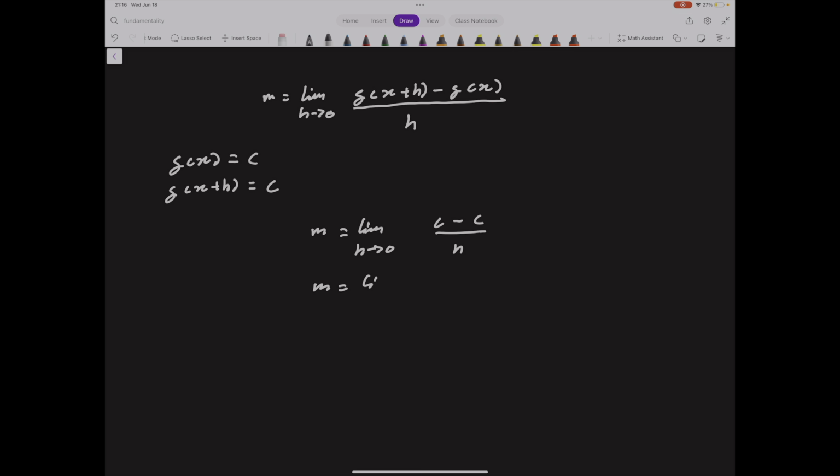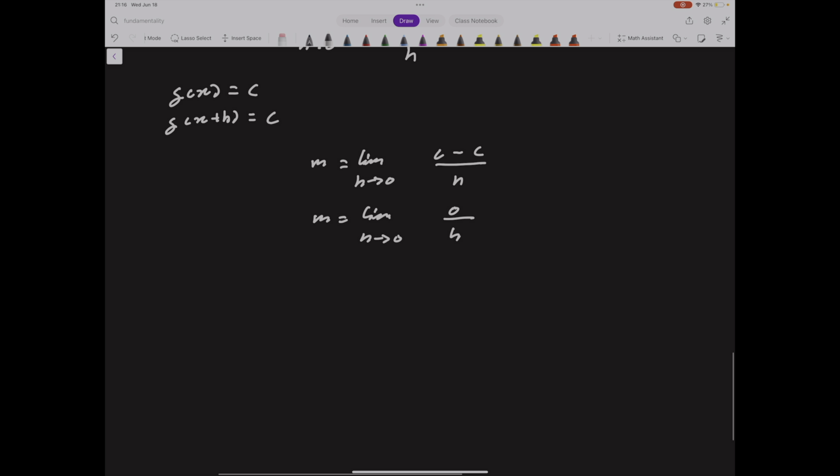m equals the limit, and teachers want to see that limit. It's the most annoying thing ever to write, but yeah. So now this looks like it's not going to work, but it does, because it's the limit, so it's not really 0 over 0, it's just 0, because it's getting so close to 0, but it's not exactly 0.